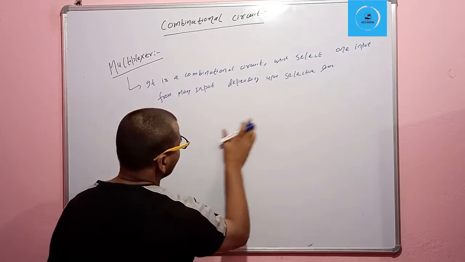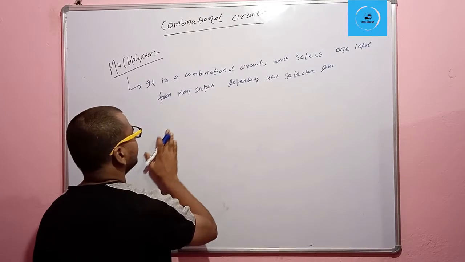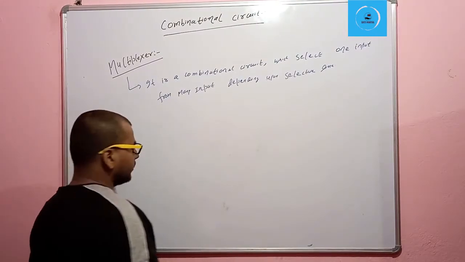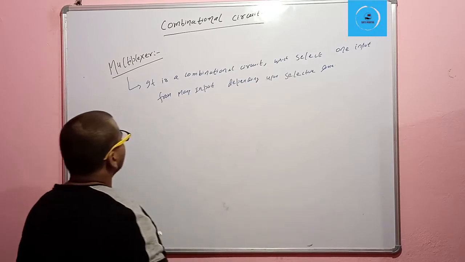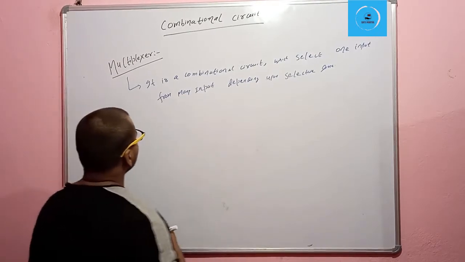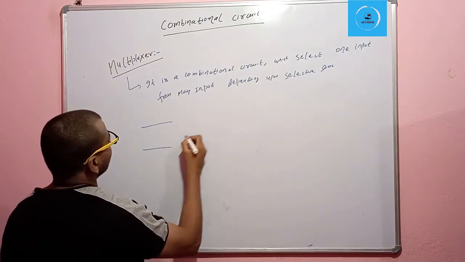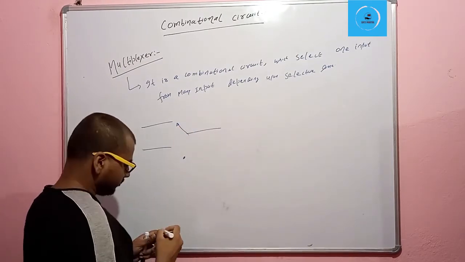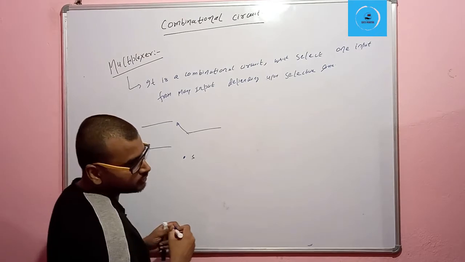So there are different types of multiplexer. Okay, 2 to 1 multiplexer, 4 to 1 multiplexer, 8 to 1 multiplexer. So we have seen that. When there are 2 lines and we give one input, here there is only one switch.